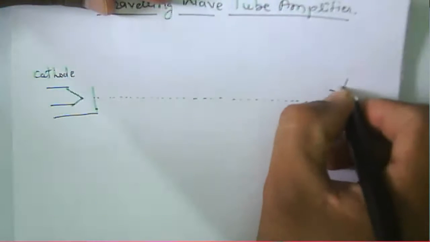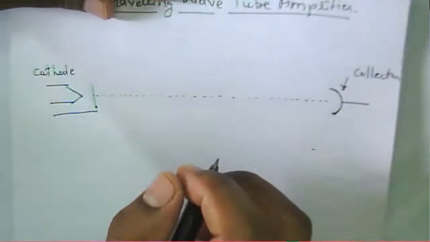The electrons will be collected at the collector.